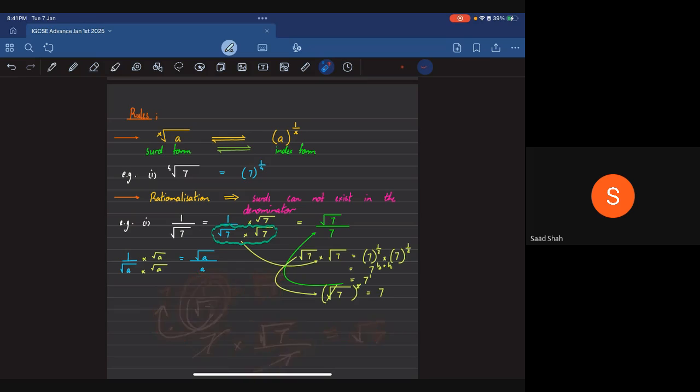Obviously, it depends on the question. And like I said before, these are usually paper 2 questions, although this is not a very favorite topic of the examiner. You just need to know this step. You might have to do it in order to make something look like the other. For example, sometimes the examiner tells you to write something down in some specific form that he has labeled already.